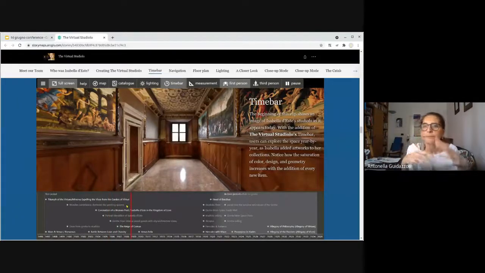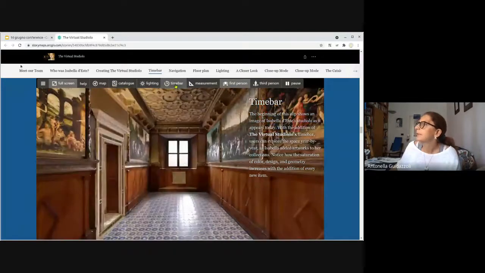So here the idea is to create a 3D model able to recreate, at different times, how the Virtual Studiolo was. And you can see we can have a time bar, we can do measurements.